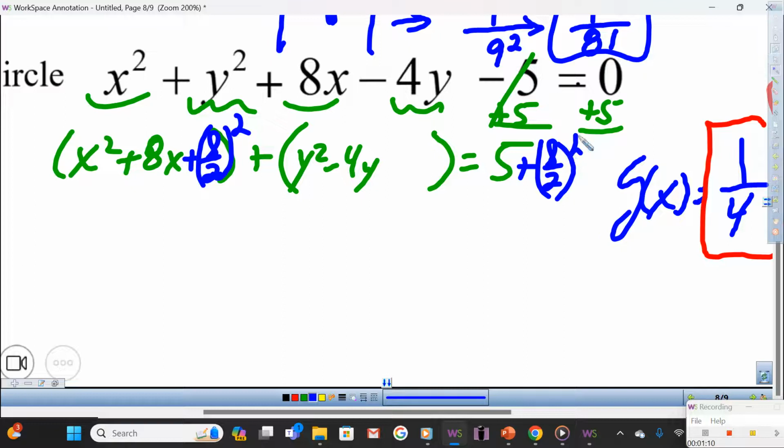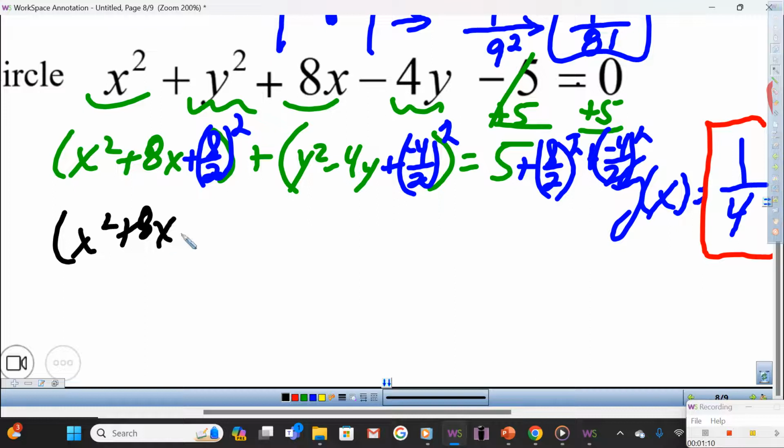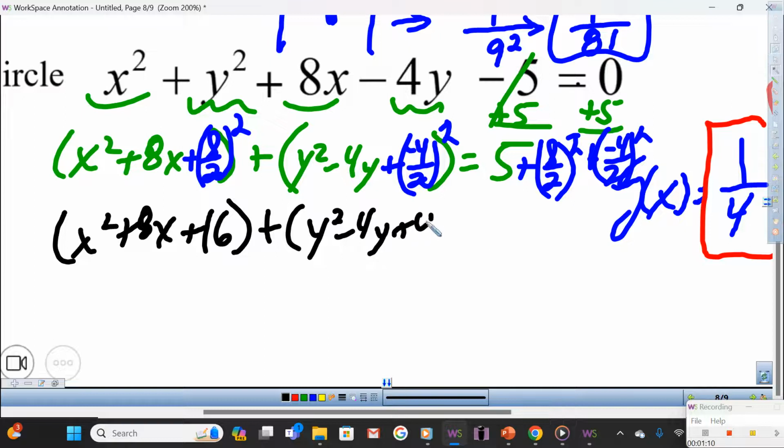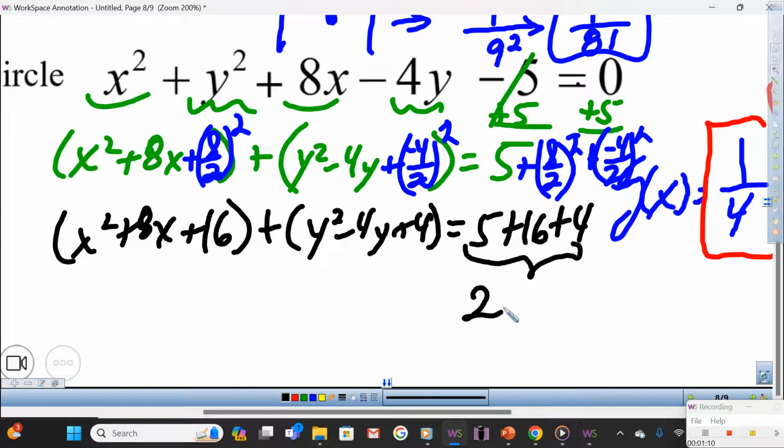And negative 4 over 2 squared to both sides. That is correct. So we end up with x squared plus 8x plus 16 plus y squared minus 4y plus 4 equals 5 plus 16 plus 4. Let's simplify this side. That's 25.